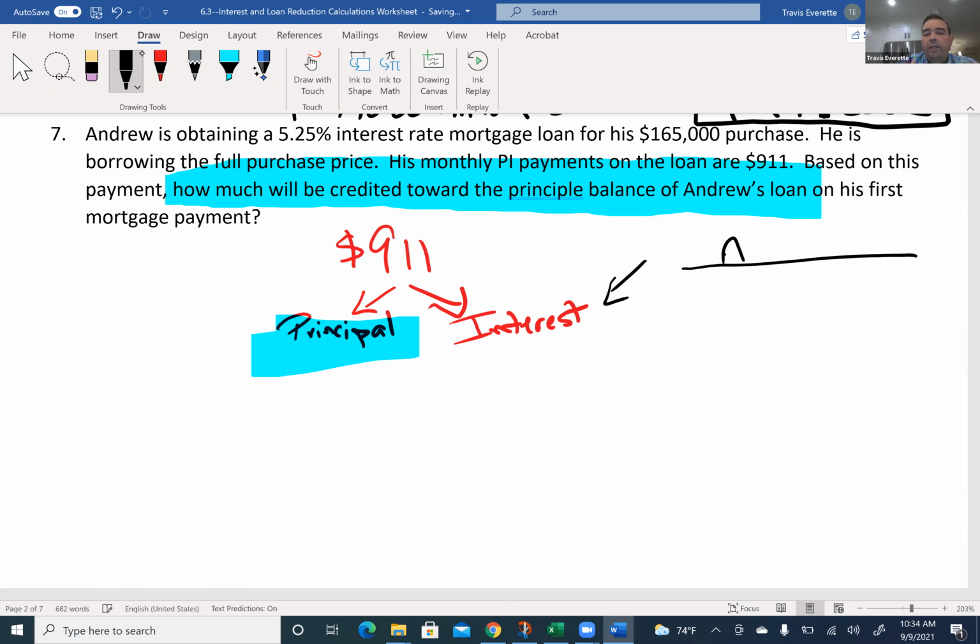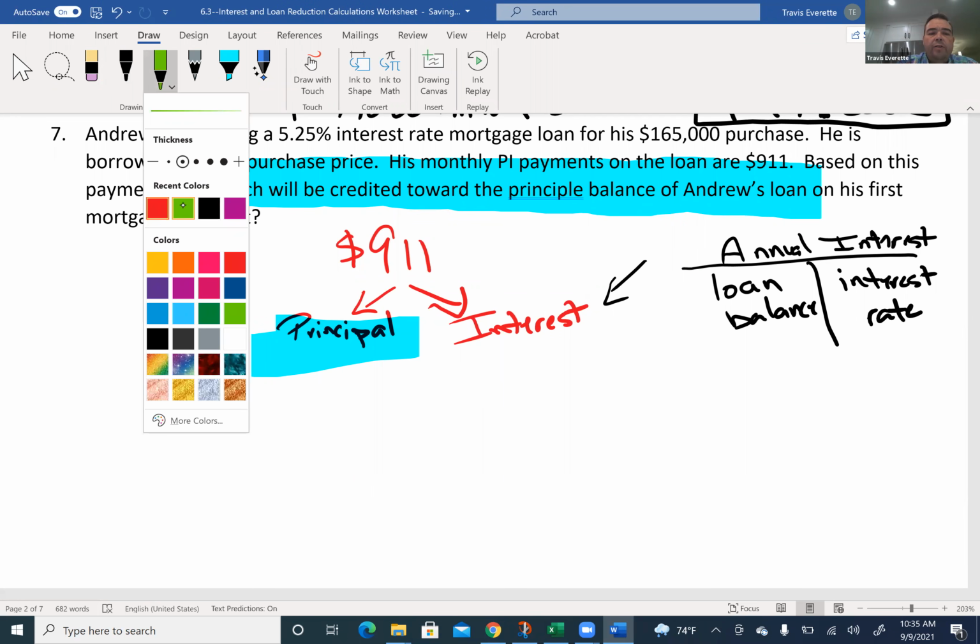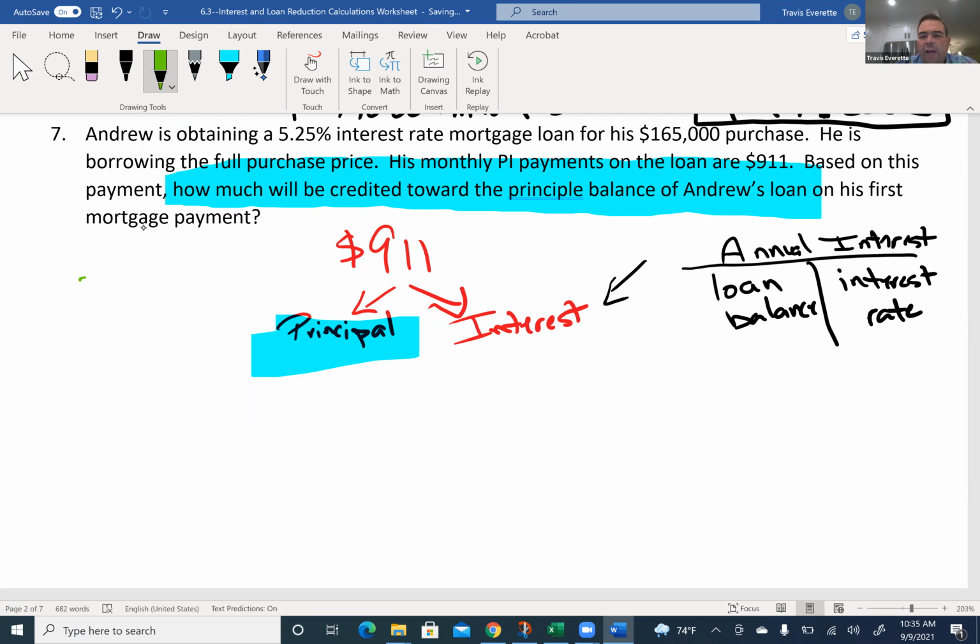I have a formula that says the annual interest owed on that loan is equal to the loan balance times the interest rate. So what other information have they given me about this? Let's fill in what we've got. I see a 5.25% rate, and I see a $165,000 purchase where he's borrowing the full price, so he's borrowing $165,000.